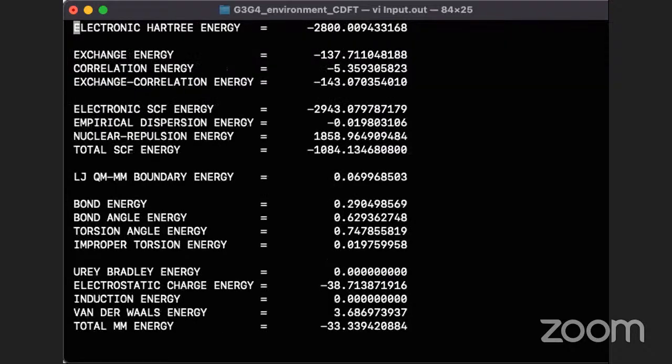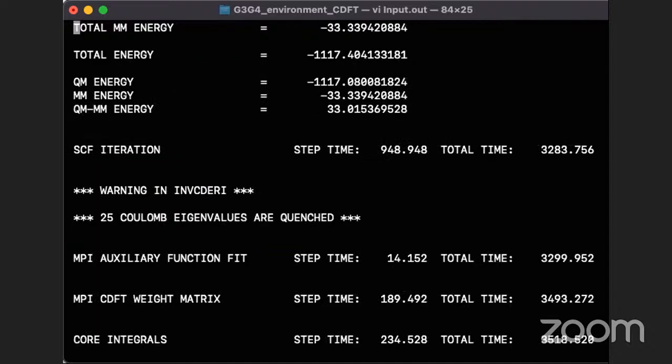Here, a bit of spin population that we can cancel. Here also are all the different terms of the energy, including the ones that we described together this morning, for instance the Lennard-Jones and QMMM terms. Everything is just printed out, which is not always the case in the code, and that's the reason why I chose this one.